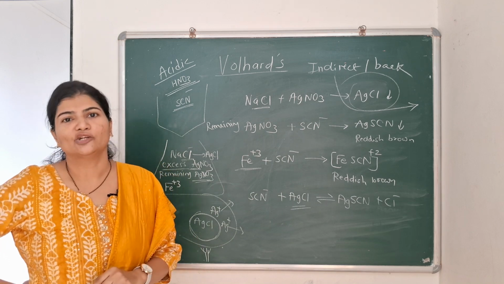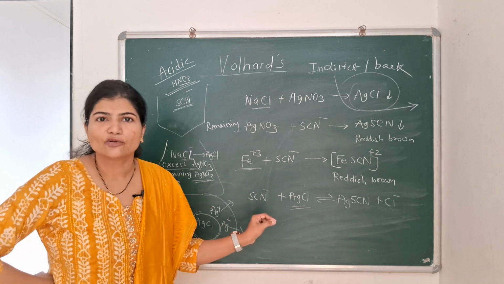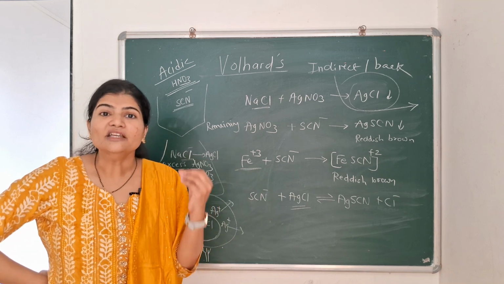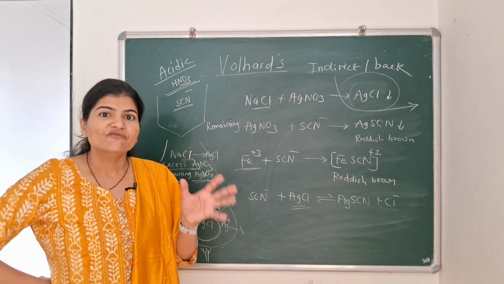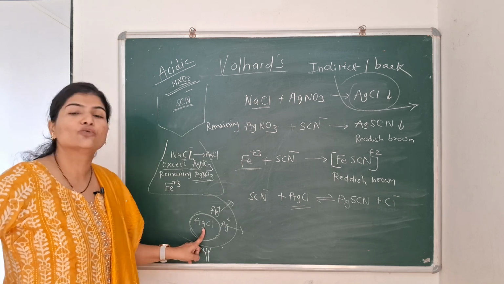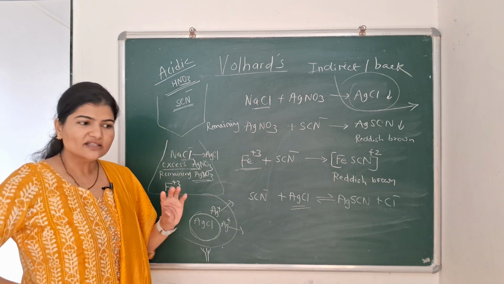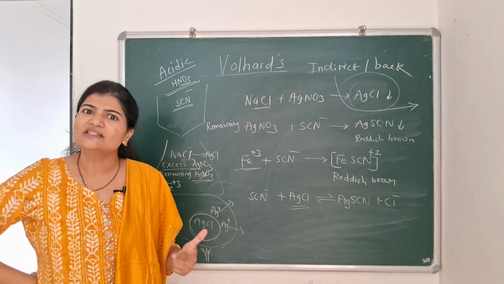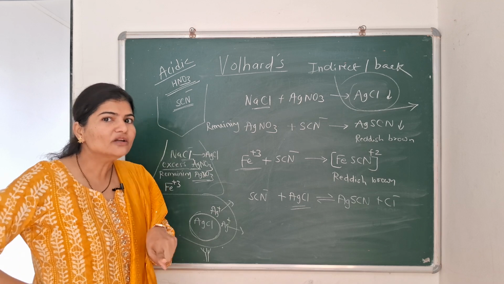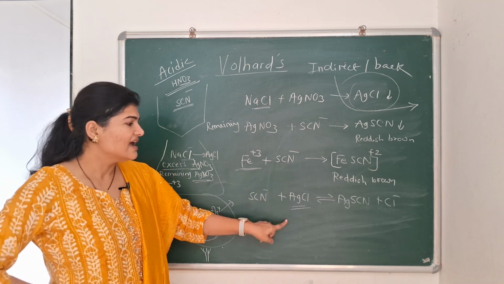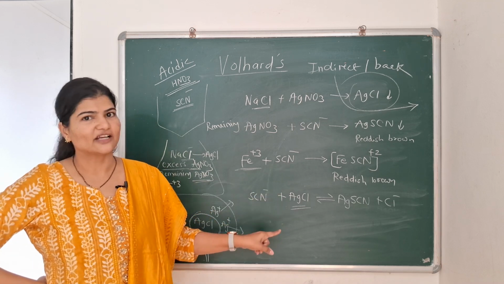The third way is, instead of the coagulant, we can add some immiscible liquid like nitrobenzene, which will coat the silver chloride PPT. Once it is coated with an immiscible liquid, it is again protected and hence it cannot react with the thiocyanate ions and give this unwanted reaction.